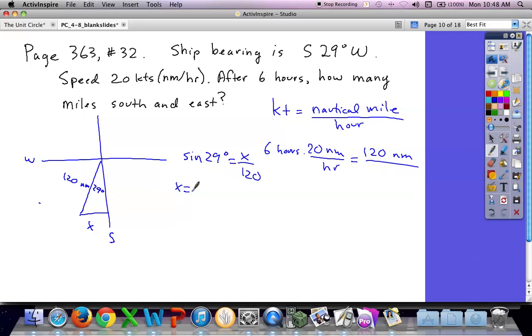X equals 120 sine of 29 degrees, which is 58.2 nautical miles.